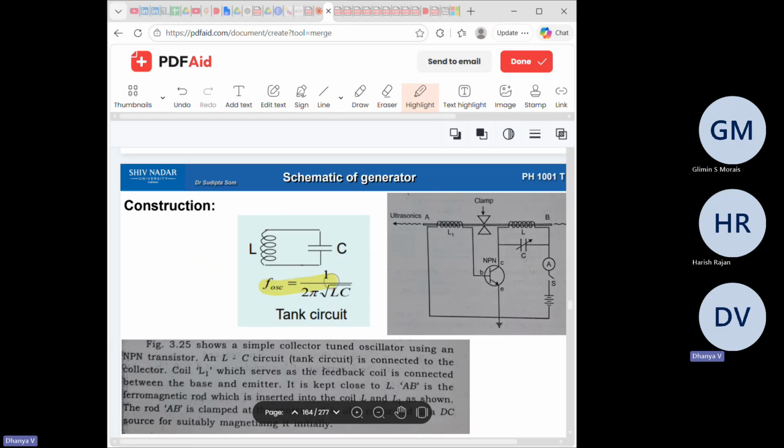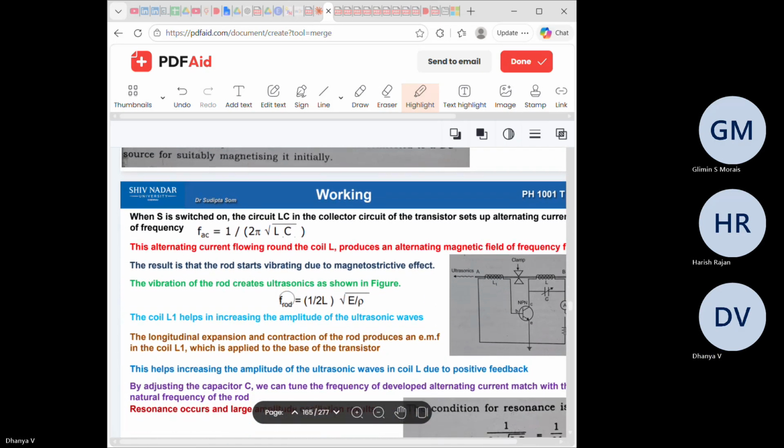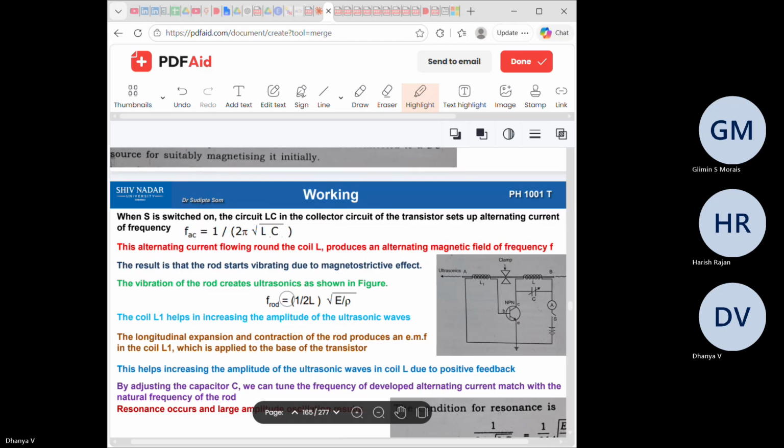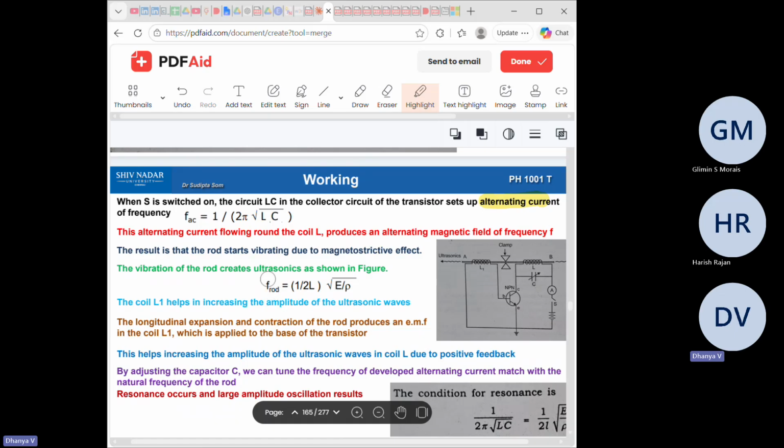When it is AC, then this is the formula. As I said, when it's alternating current of frequency f, then f is 1 by 2 pi root LC. Otherwise, this is the thing.